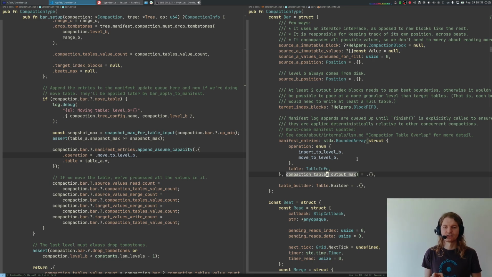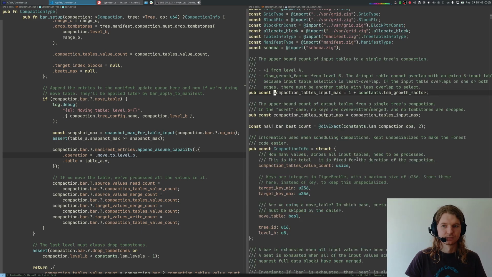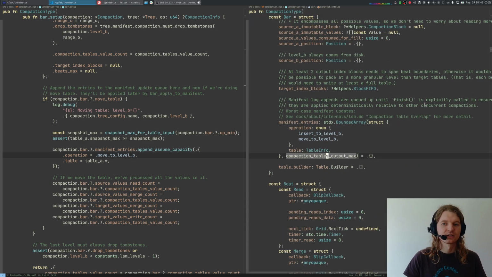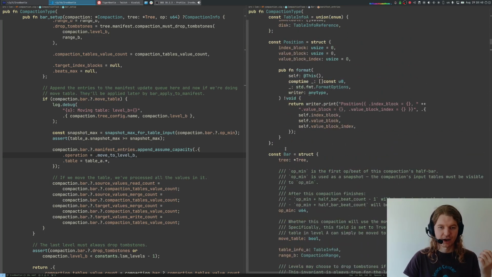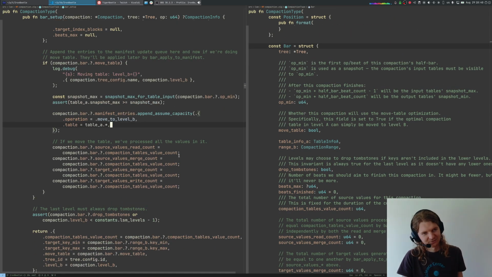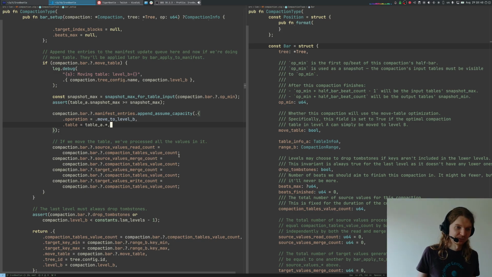So I would expect this to be equal to LSM growth factor times LSM levels, plus or minus 1 here and there. And let's see how wrong I am. Okay, it is just LSM growth factor, because this tracks only a single compaction, not the entire batch of compactions. Well, okay, I'm wrong just by a factor of 7. That's not a big deal.